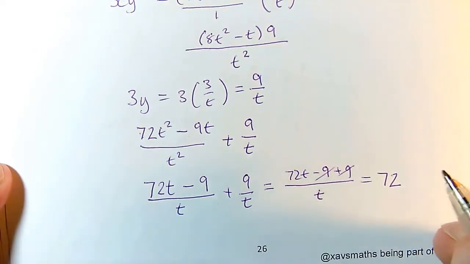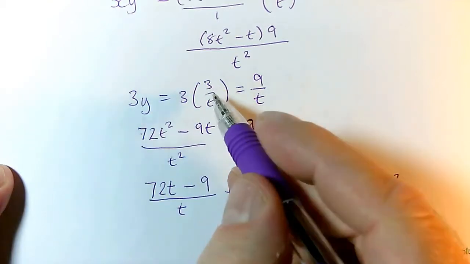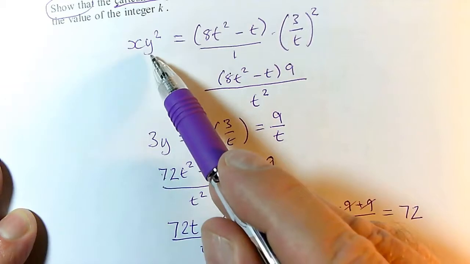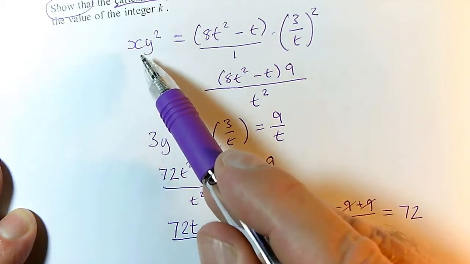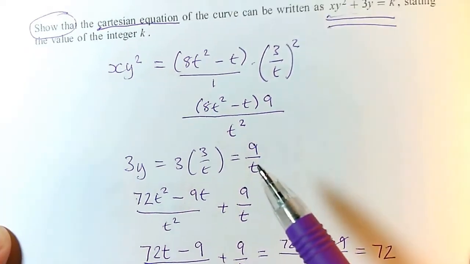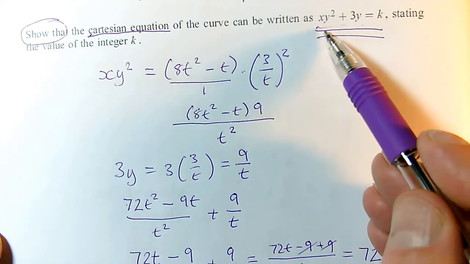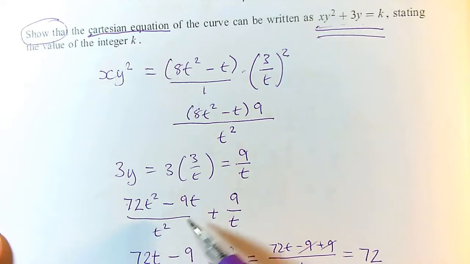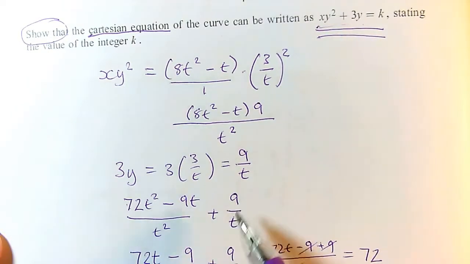So what have I done? Where did this come from actually? I did up here xy squared, and I did 3y because those things were in the equation. And then I did x squared y, that was this bit here, plus 3y, which was this bit here.